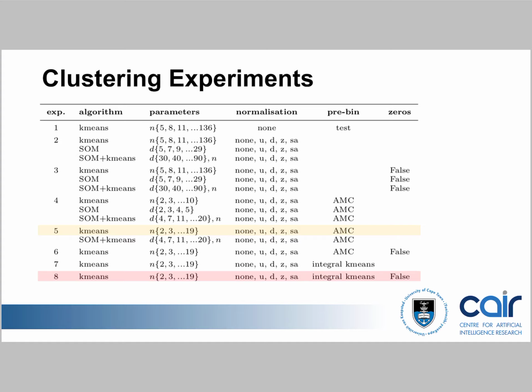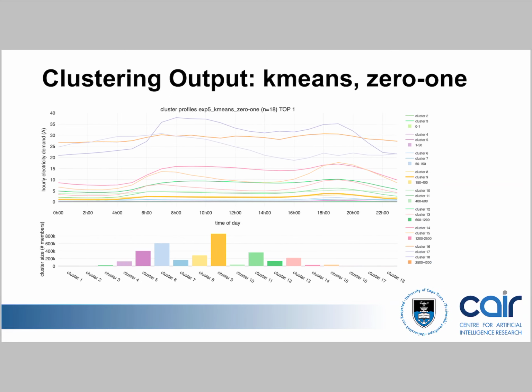We wanted to have the option that a household might have a zero consumption reading, not because their logger was faulty, but because they actually did not consume any energy in that period, for example, because they ran out of money, or maybe because something was broken, like an appliance in the house. So we tested both with zeros and without zeros.